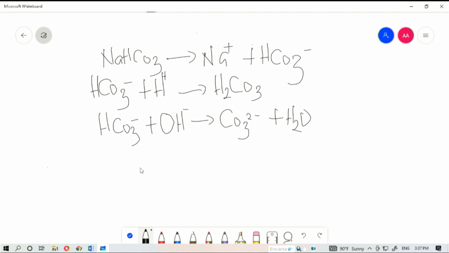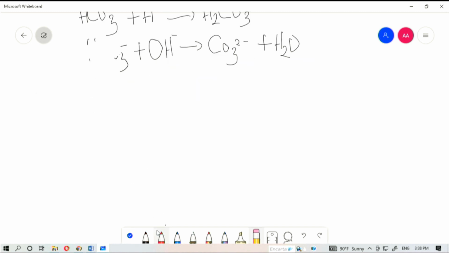We have HCl and sodium chloride. Now we want to know whether they have a conjugate pairing.